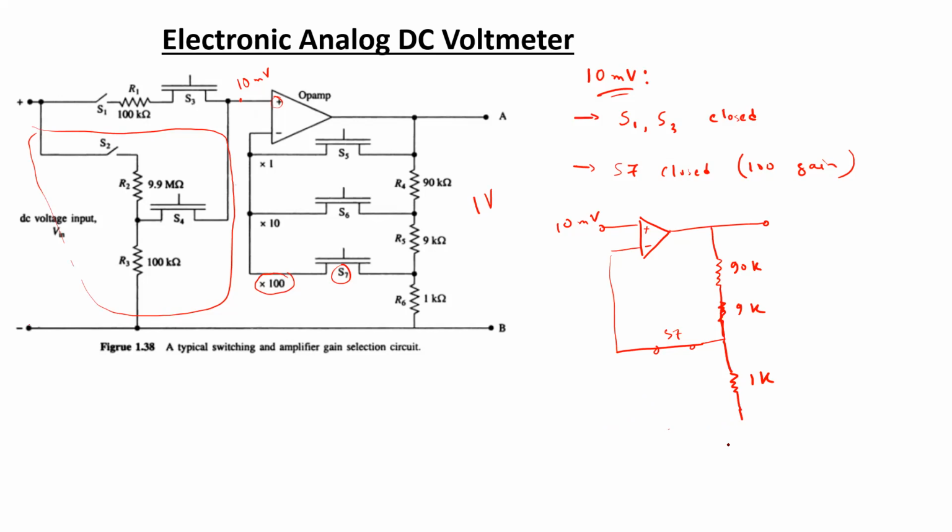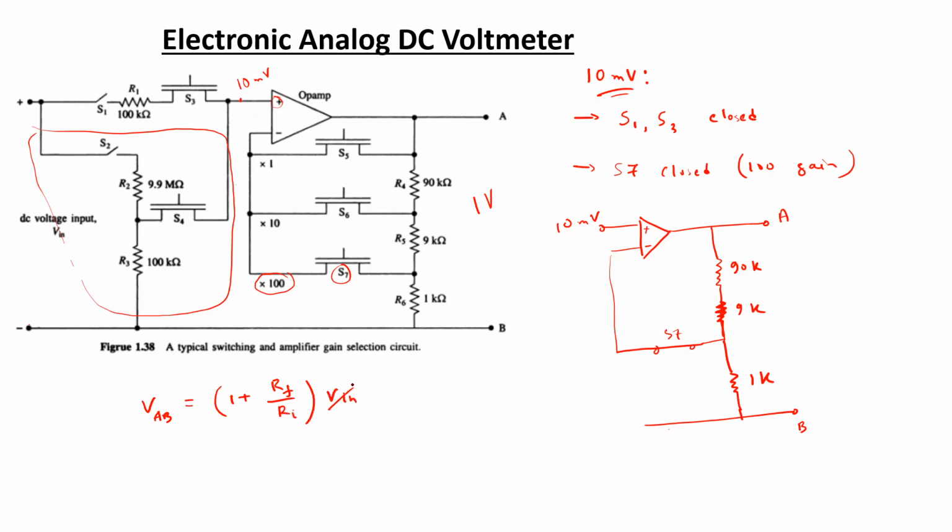Let's say this is terminal A, this is terminal B. So here for the non-inverting amplifier, the output across A and B, let's say if I write it as VAB, it would be equal to 1 plus RF by RI into V in.